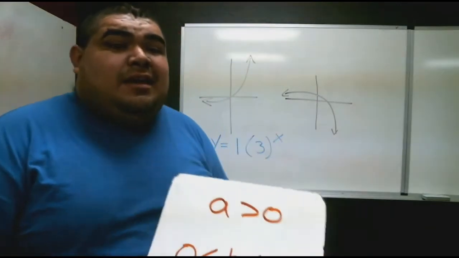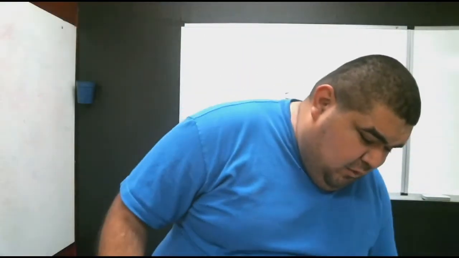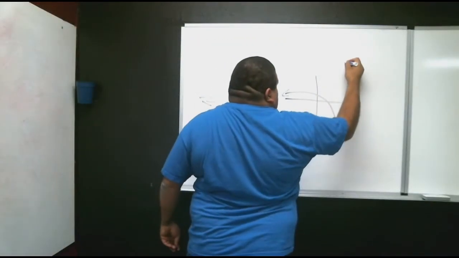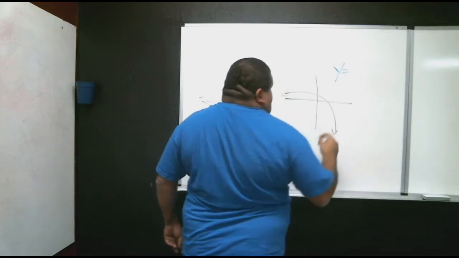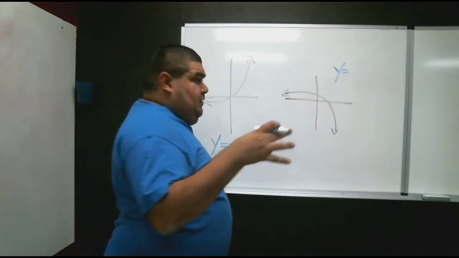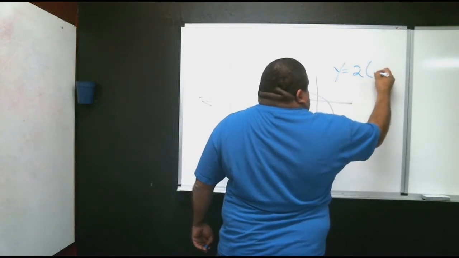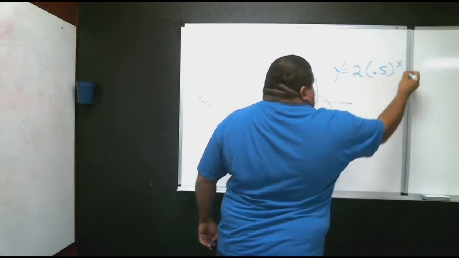So for decay we could have y equals 2.5 times 0.5 to the x.